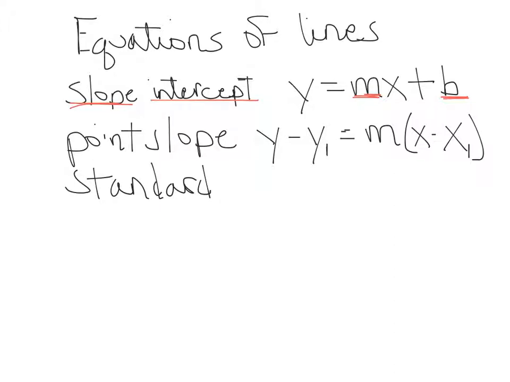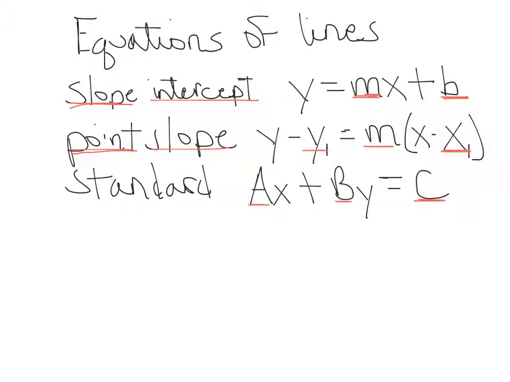And again, like its name is, you're going to have numbers where the point is, and you're going to have a number where slope is. Standard form is ax plus by equals c. And you'll have numbers where a, b, and c are.